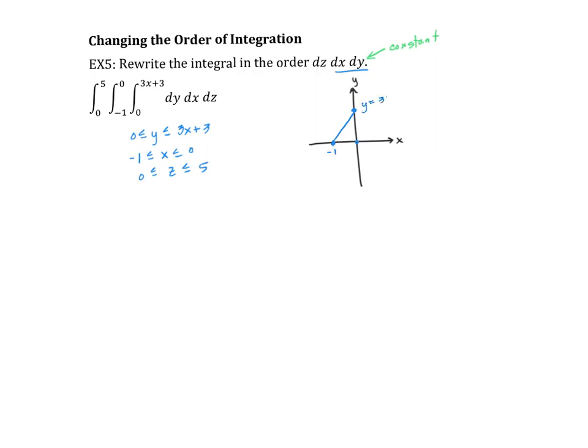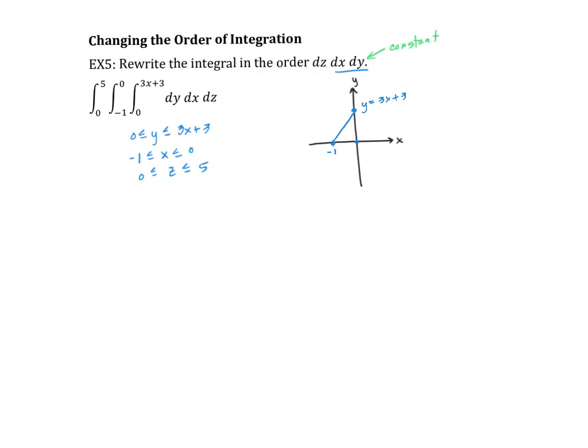I want to change these limits of integration. I want to have y be my outer, which is what we did in the previous section. What we want to do is take the equation y equal to 3x plus 3 and solve it for x.